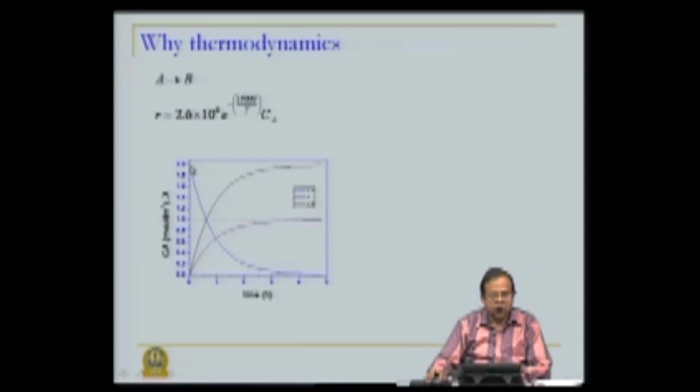And you can see that in this particular example we have started with 2 mole per dm cube of A, and as the time progresses, this concentration slowly drops down as per the rate given by this expression, and after a sufficiently long time, in this case about 4 hours, the concentration of A goes to practically 0, that means A is completely utilized.